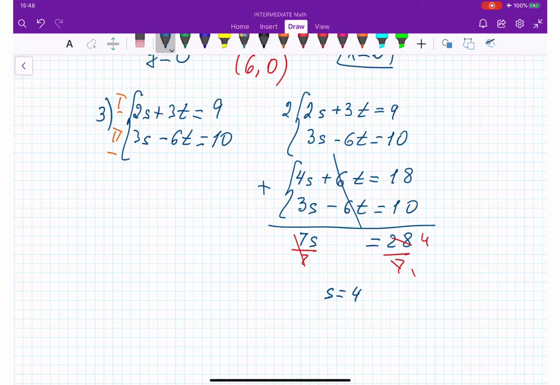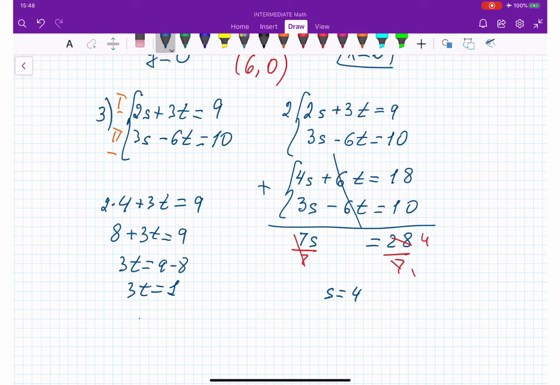So it's going to be 2 times 4 plus 3t is equal to 9. 2 times 4 is 8 plus 3t is equal to 9. 3t is equal to 9 minus 8, which means it's equal to 1. And t is going to be equal to 1 over 3.